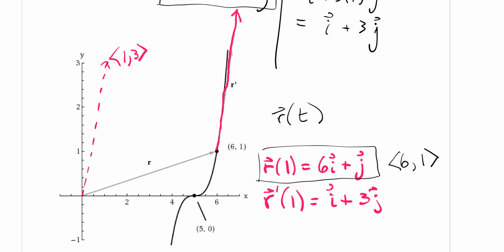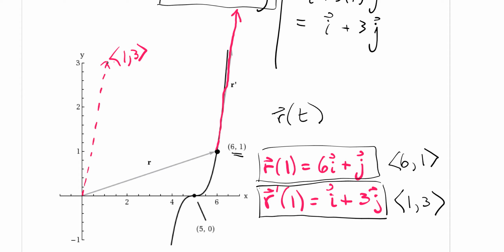The terminal point of that vector is plotted here. The pink vector represents the derivative. See, the value of the derivative at t equal to 1, r prime of 1, is equal to i plus 3j, which is 1 comma 3 in component form.